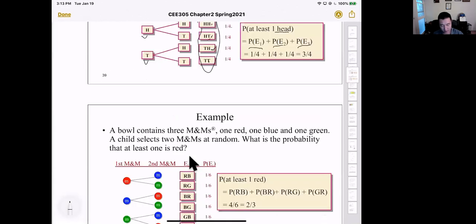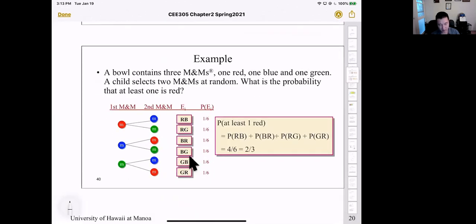All right, we have 2 more minutes and 2 more slides for section 2.1. A bowl has 3 M&Ms: 1 red, 1 blue, and 1 green. A child selects 2 M&Ms at random. What is the probability at least 1 is red? Again, we do the so-called counting method. For the first pick of candy, we could have red, blue, or green.